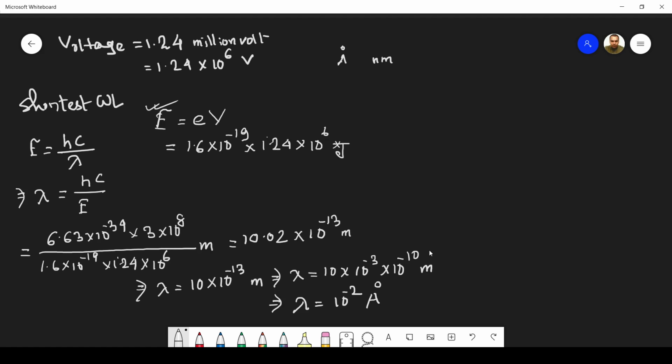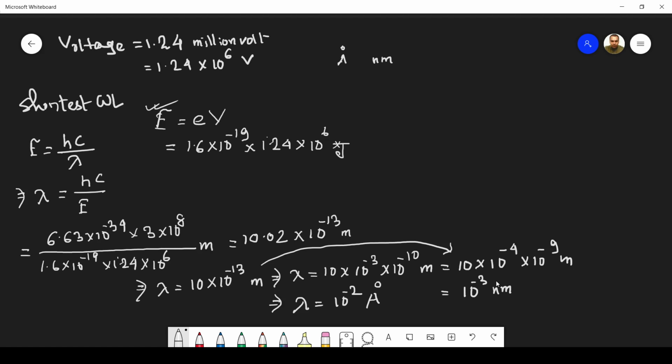Or we can write this expression as 10 multiplied by 10 to the power minus 4 multiplied by 10 to the power minus 9 meter. 10 multiplied by 10 to the power minus 4 is 10 to the power minus 3, and 10 to the power minus 9 meter is 1 nanometer.